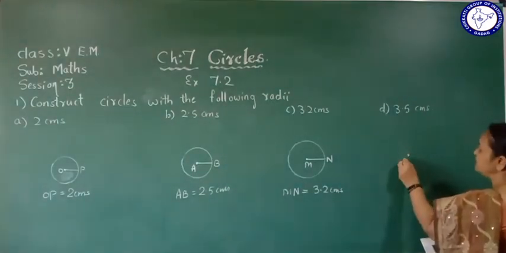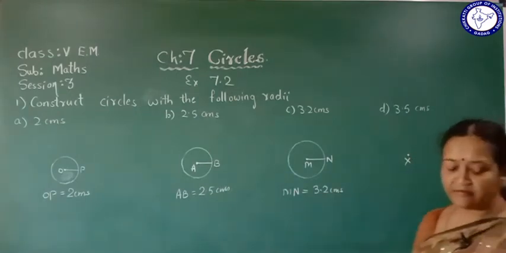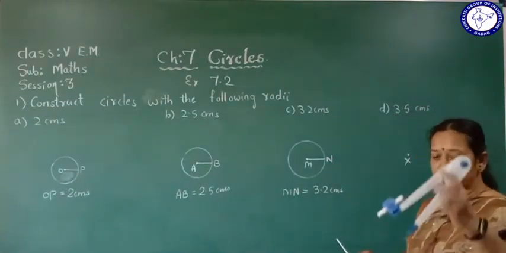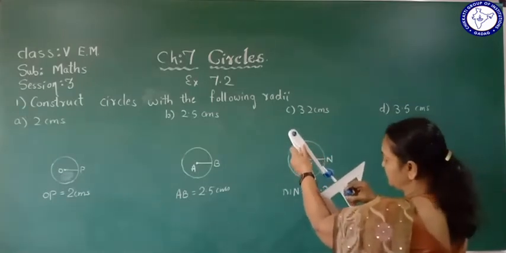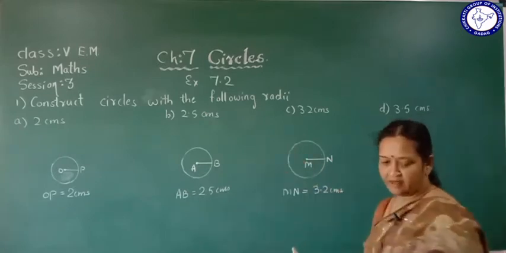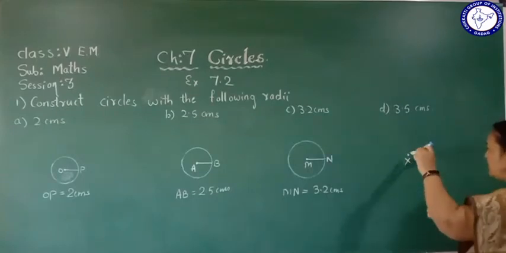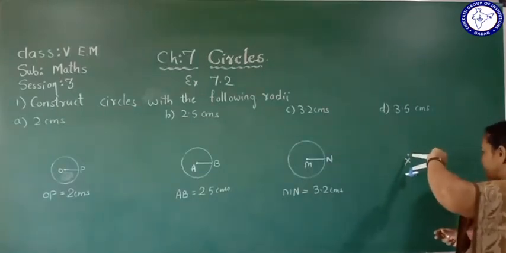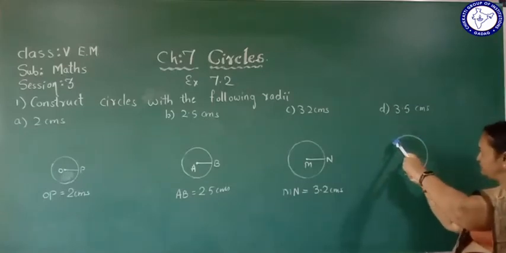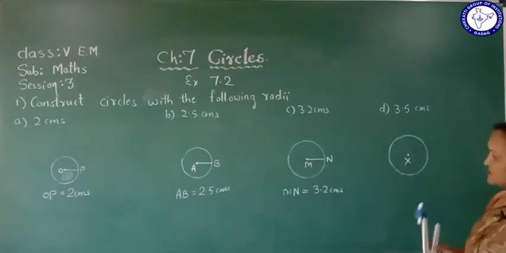Then let me go to the next, D. So here let me name it X. I told you, any alphabet you can keep. And here the measurement is 3.5. So keep the pointed part on 0 and extend till 3.5. Then keep your compass on the center of the circle, and here this is the circle.